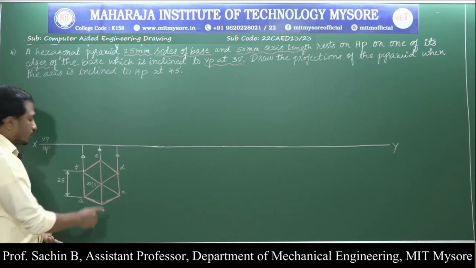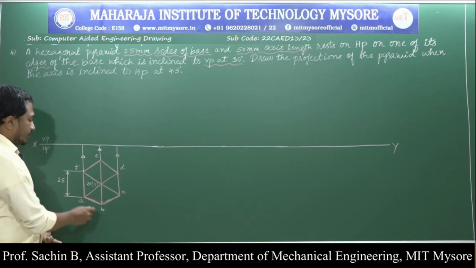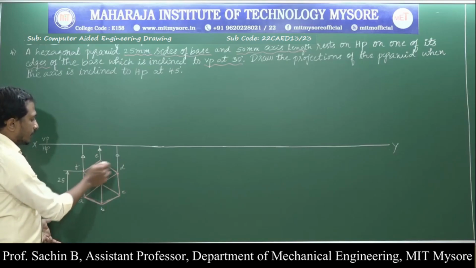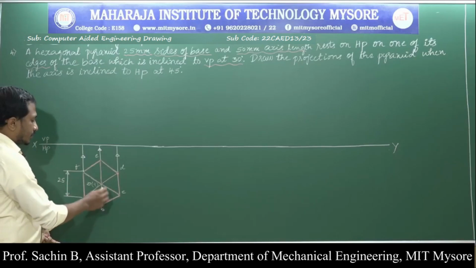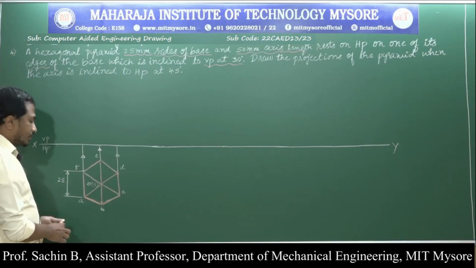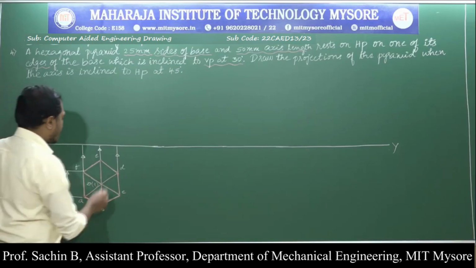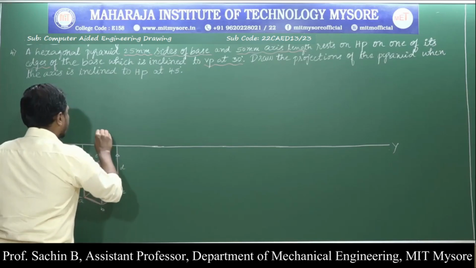The slant edges O to B and others are overlapping the edges opposite to them. O to B is the slant edge which is overlapping the axis O to O1 and also O to E. Based on that, I am going to construct a visible line.